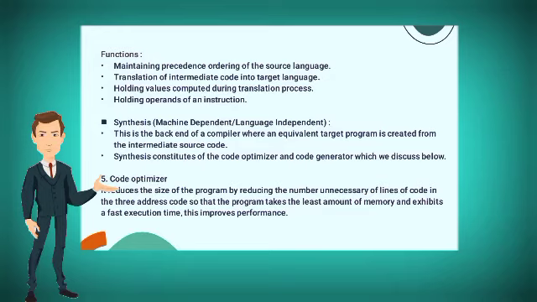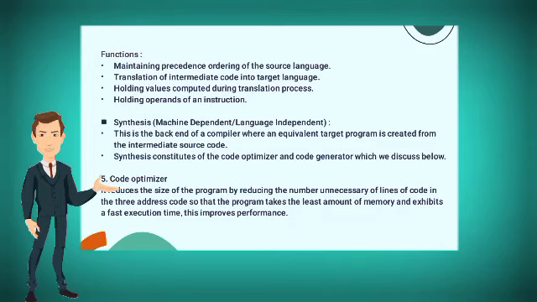Next point is synthesis, machine dependent and language independent. This is the back end of a compiler where an equivalent target program is created from the intermediate source code. Synthesis consists of the code optimizer and code generator, which we discuss below. Fifth, the code optimizer. It reduces the size of the program by reducing the number of unnecessary lines of code in the three address code so that the program takes the least amount of memory and exhibits fast execution time.